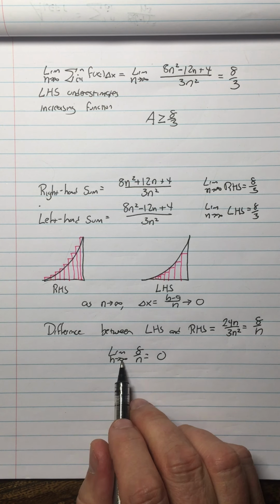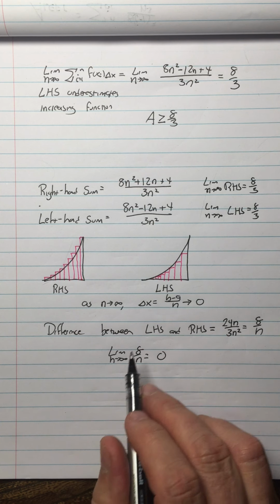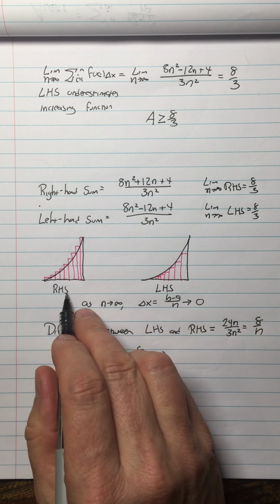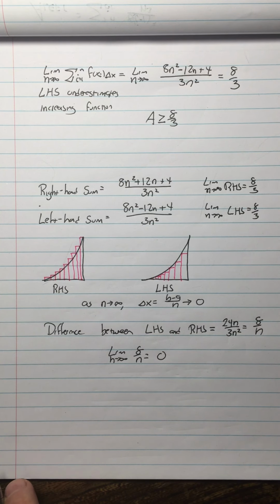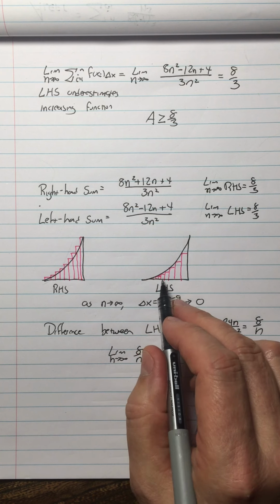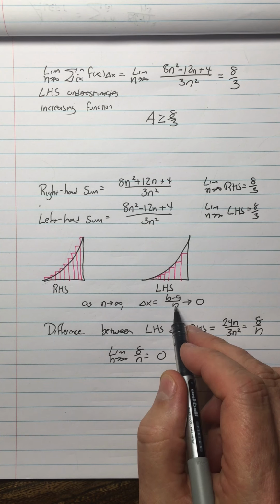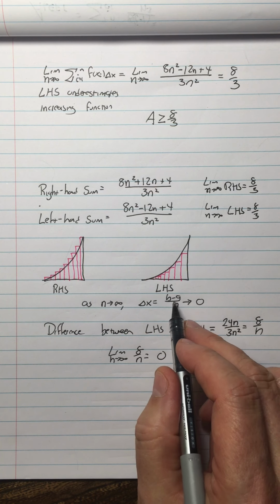So what this is saying is, as the number of rectangles approaches infinity, the difference between the left-hand and the right-hand sum disappears. It's gone. What's going on? The delta x, the width of the rectangles, is (b minus a) over n, in this case 2/n, but b minus a are constants, doesn't matter what they are.